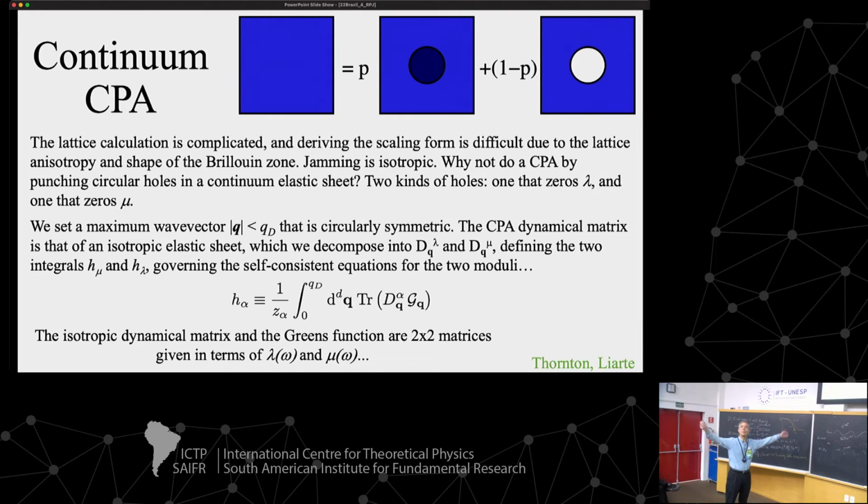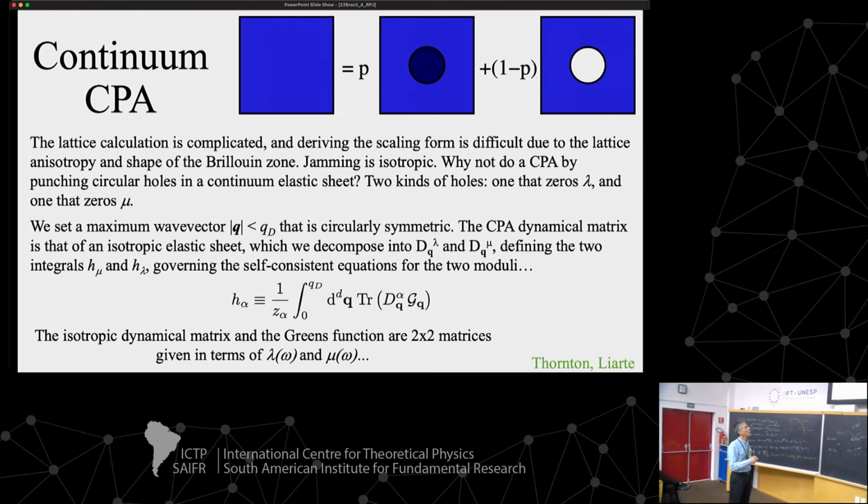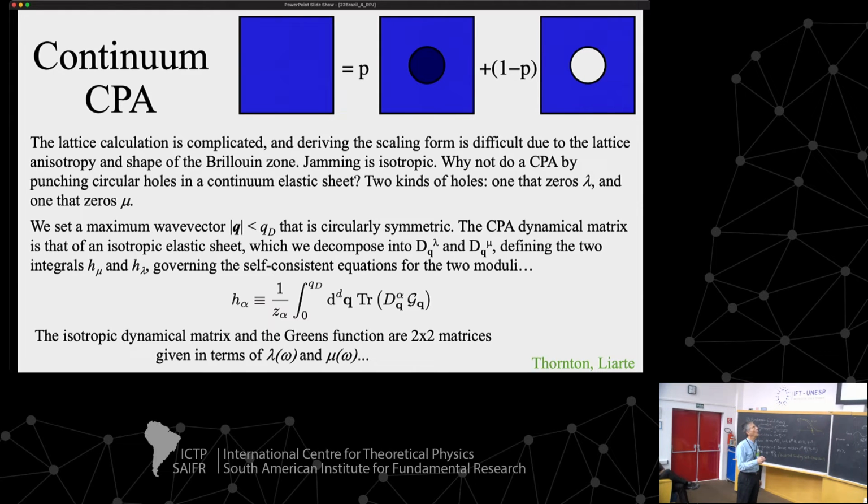And we'll just do the same thing, okay? Of course, we still need two kinds of holes. One of these holes is going to make lambda equals 0, and the other kind of hole is going to make mu equals 0. You could imagine.